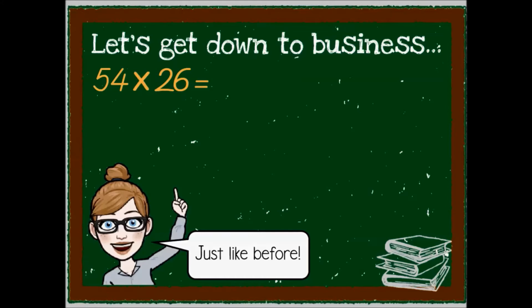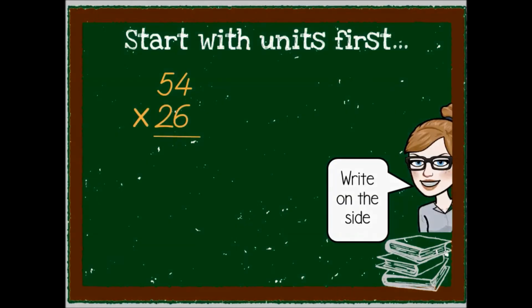Write our numbers in the correct positions. Big one at the top and small one at the bottom with a multiplication symbol. And we are off to a fabulous start. Right, like before, start with the units and write down what you are multiplying on the side.